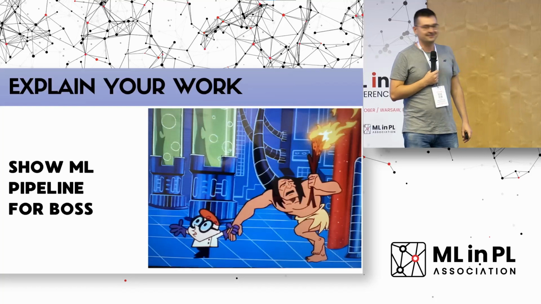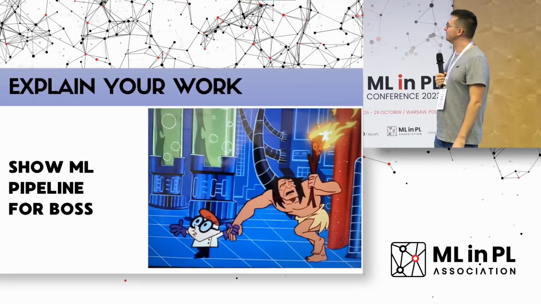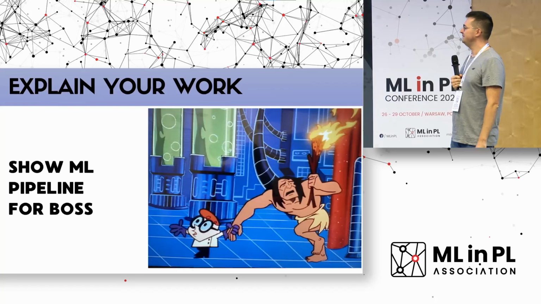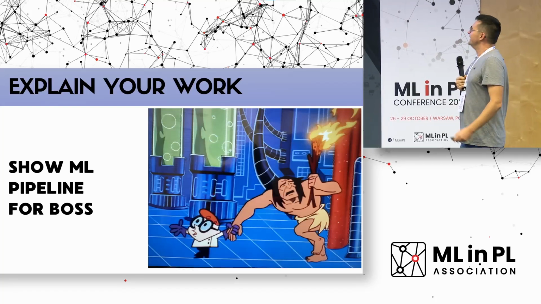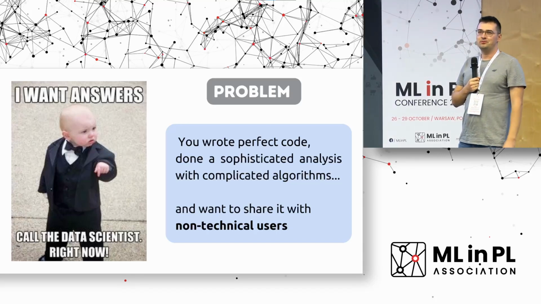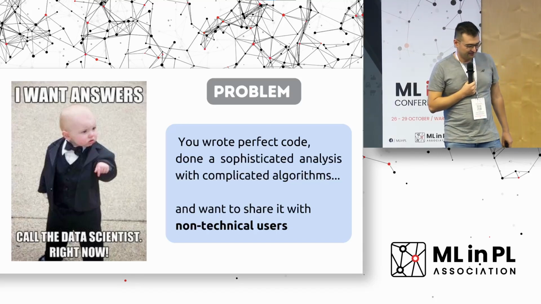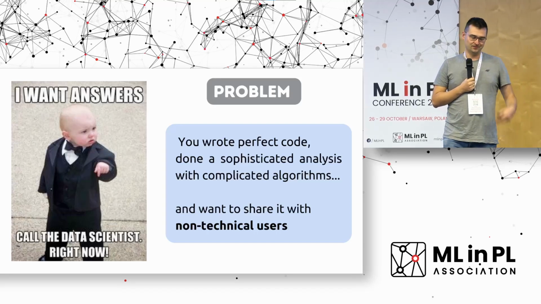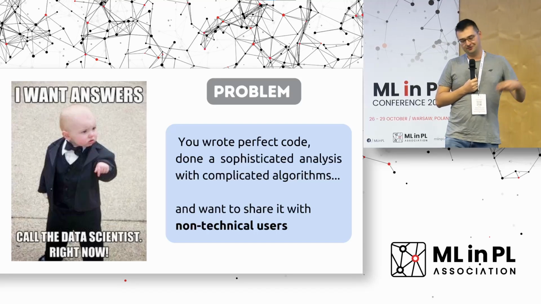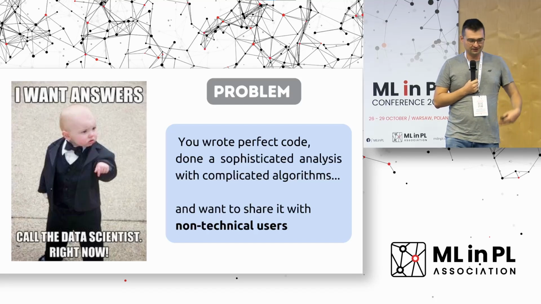What is the result? Explaining your work is very hard, and business people are just interested in the answer. They are non-technical, and because they are not technical, we need to present them our work.